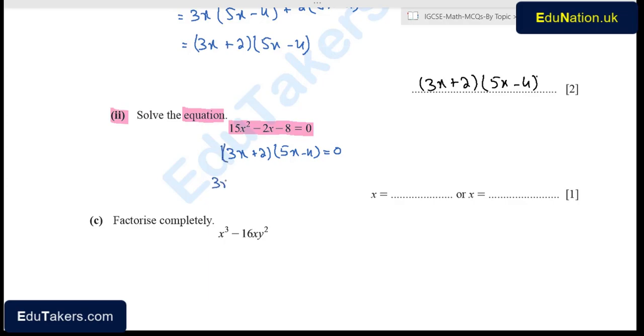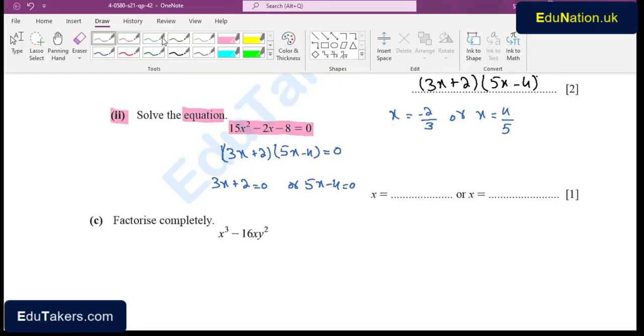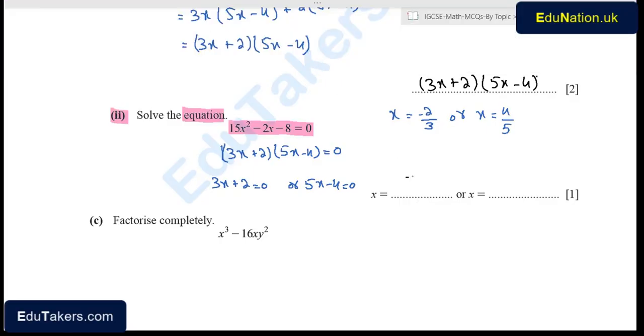Now either 3x + 2 is 0 or 5x − 4 is 0. So from this, x is −2/3 or x is 4/5.